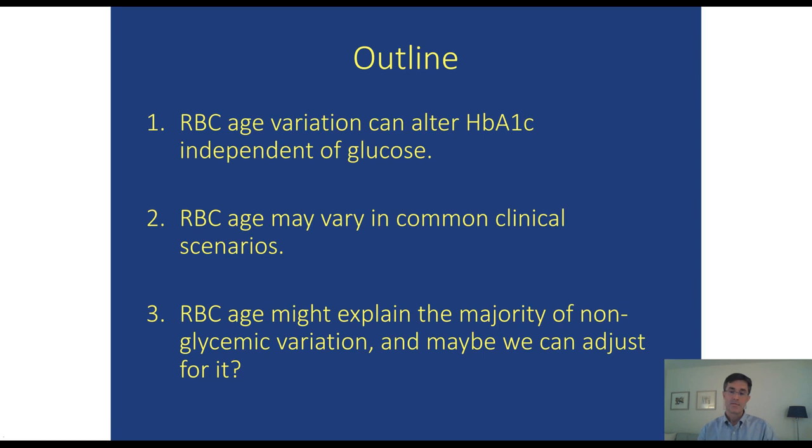And lastly, I hope I've persuaded you that RBC age variation might be the dominant source of non-glycemic variation in A1c. And maybe sometime in the future, if we can adjust for this non-glycemic variation due to RBC age variation, we'll end up with an even better estimate of average glucose. And A1c, which is already a terrific clinical test, may be even more useful for patients and physicians.